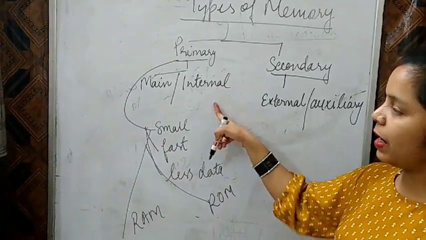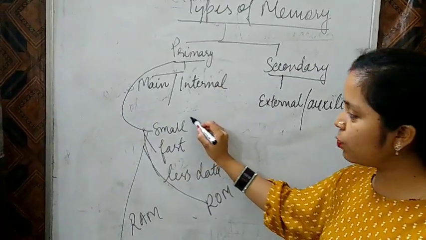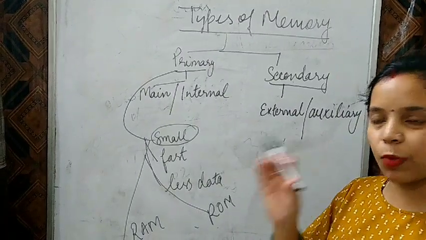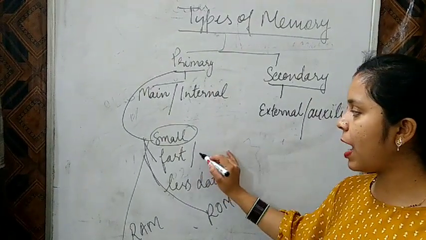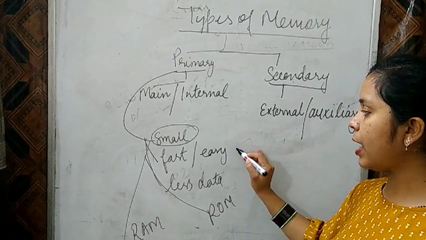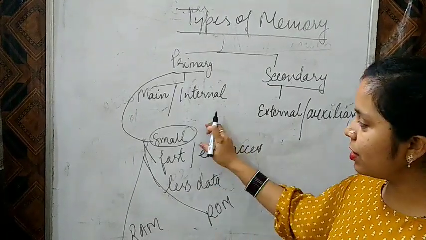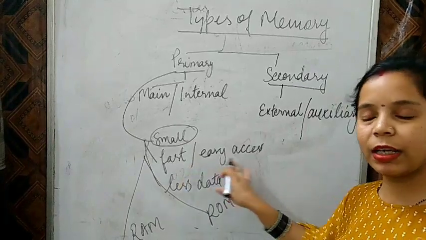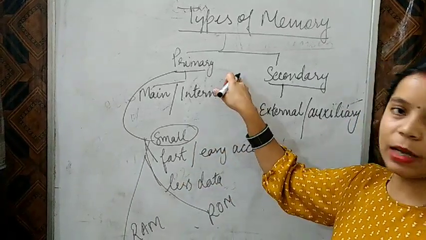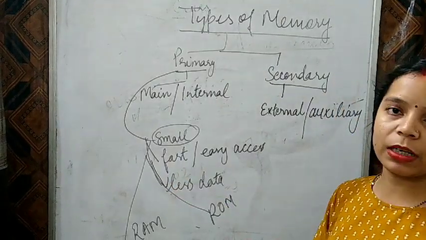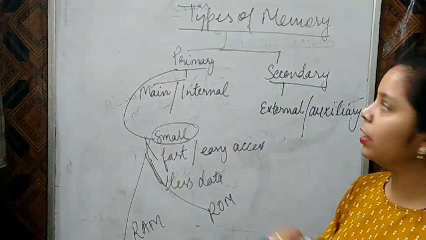So this is the main feature of primary memory. It is small in size, it's not very large. It is very fast and easy to access the data in primary memory, because it is small. And it stores only a less amount of data.